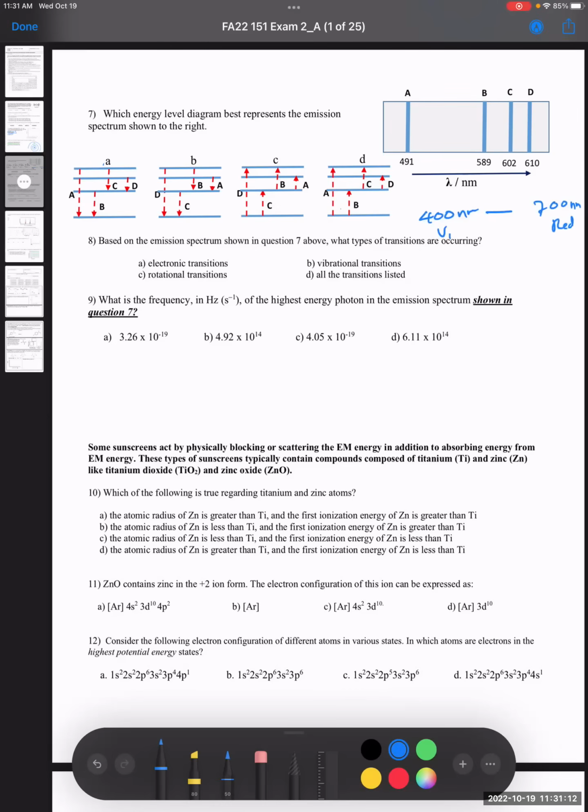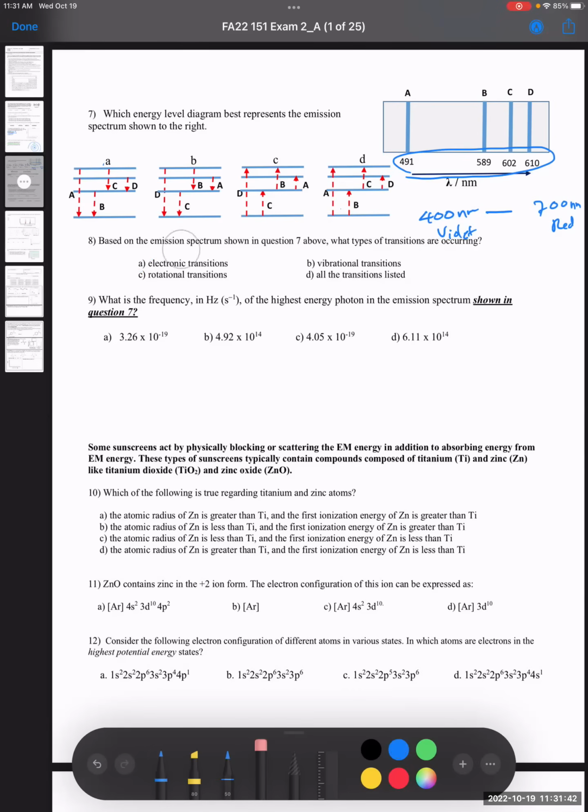This is the visible region, between 400 and 700 nanometers. These wavelengths are within the visible range. If we use UV or visible light, they induce electronic transitions in matter or in molecules. So whatever the species, the correct answer is option A.